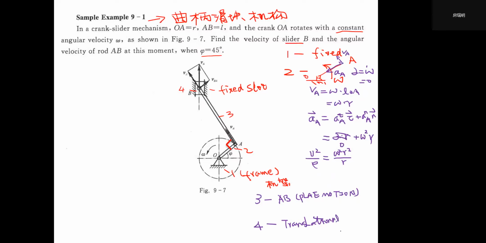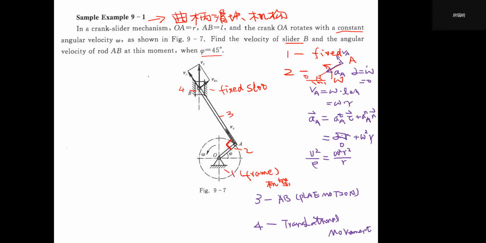We know the main characteristic of translational movement is that any two points on this slider B will always have the same velocity and the same acceleration.